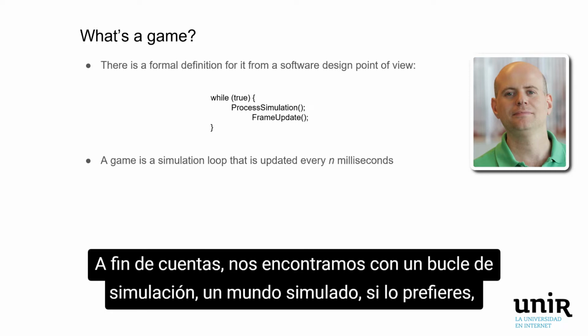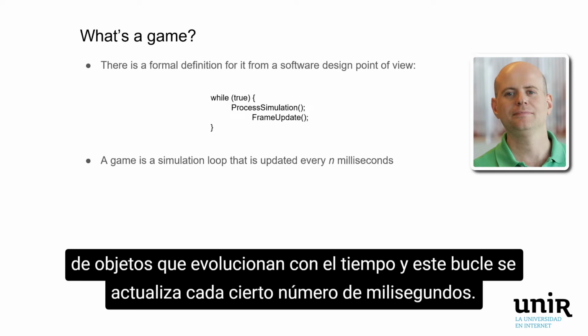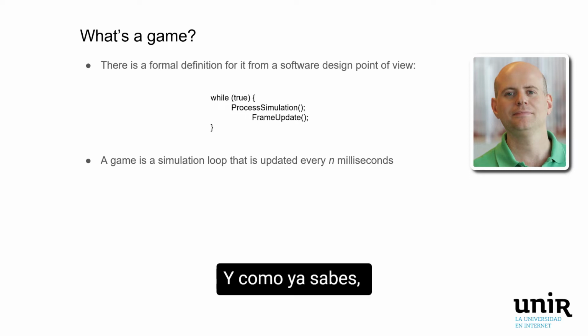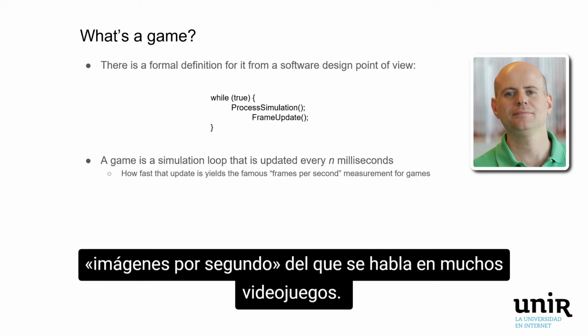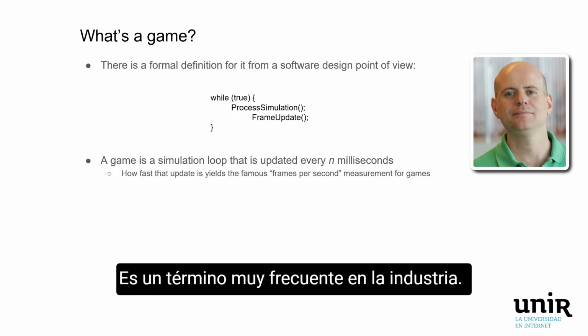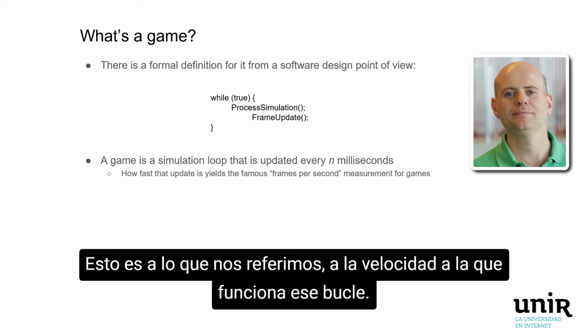So it's a simulated world, if you want, of objects that evolve over time. And this loop is updated every certain amount of milliseconds. And you know, this measurement is actually what yields the famous frames per second count that you can hear in many games. It is a very frequent term in the industry. This is what they are referring to. How fast does that loop run?